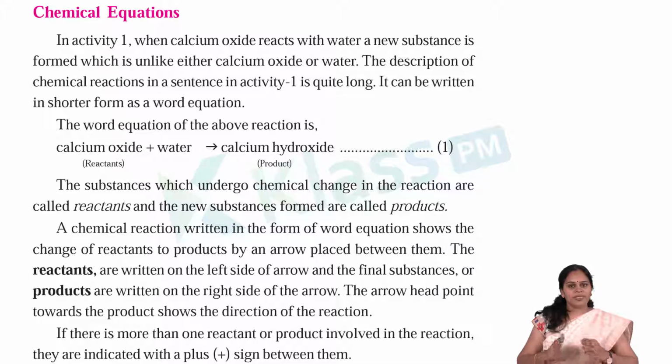If there is more than one reactant or product, they are indicated with a plus sign between them. That's why we write calcium oxide plus water.